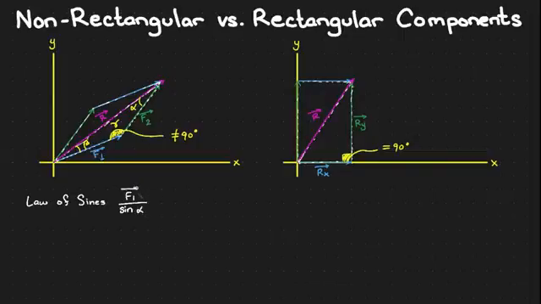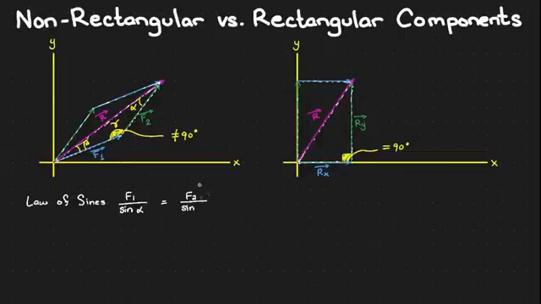And notice that I don't have a vector sign above F1 because I do not want F1 to be in its Cartesian vector form. I do not want F1 in terms of ijk. I only want the length or the magnitude of F1. So according to the law of sines, F1 over the sine of the angle that is opposite of F1 is equal to another side in that bottom triangle, F2, over the sine of the angle that is opposite of F2.